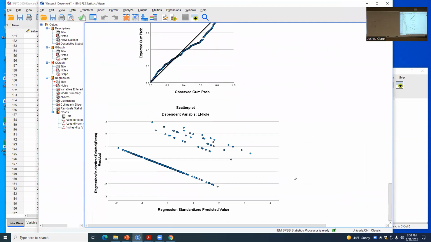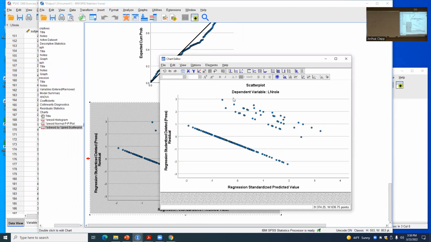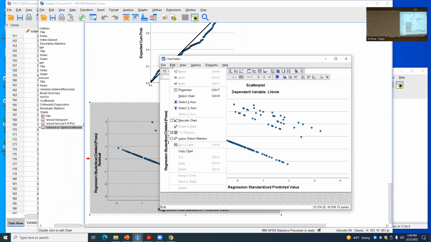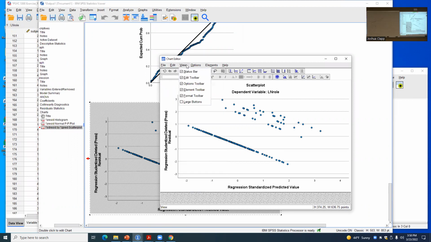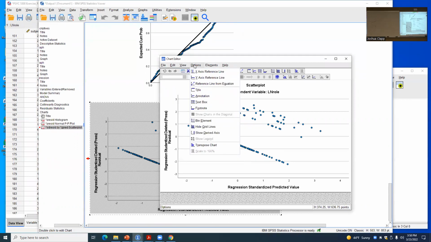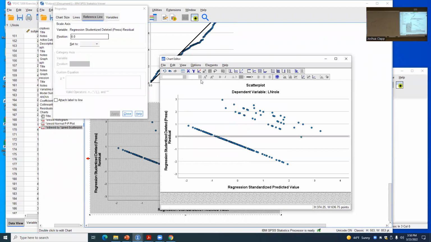That we're going to look at is our residual plot here. Okay. And what I'm going to do is add a couple things to make this a little bit easier to go through and see. I'm going to go to options and hit y-axis reference line.